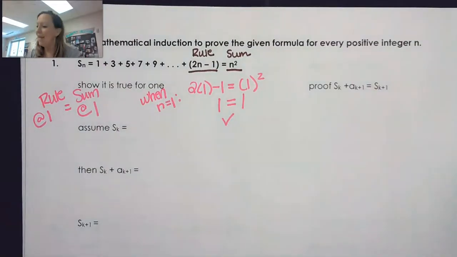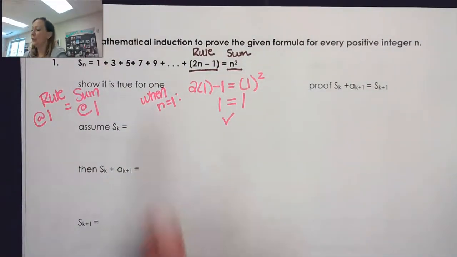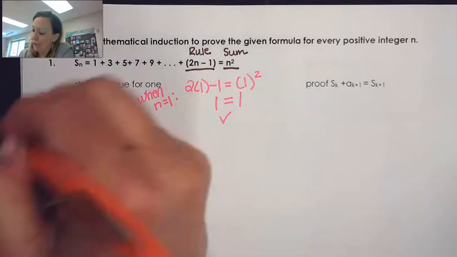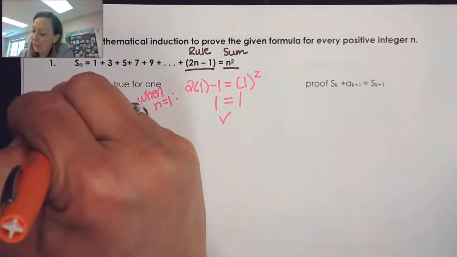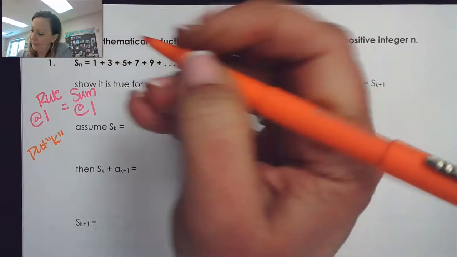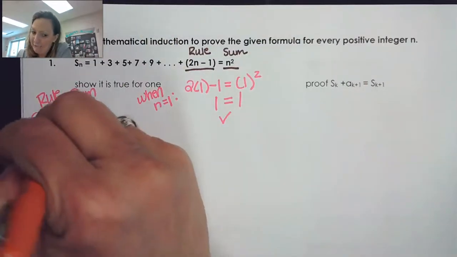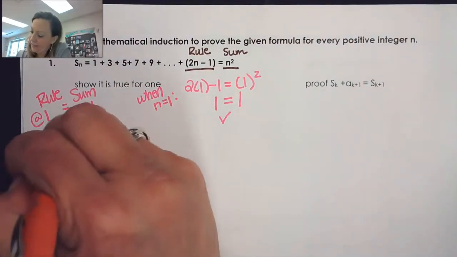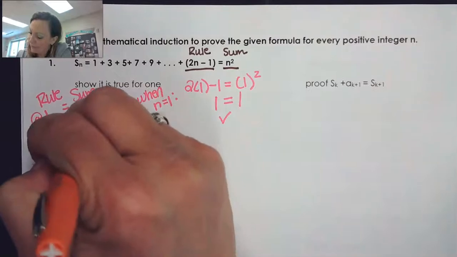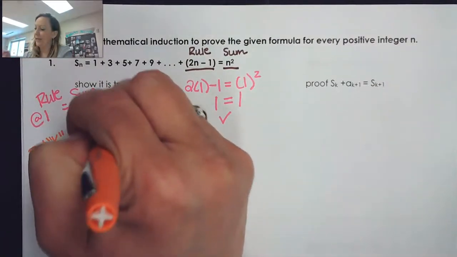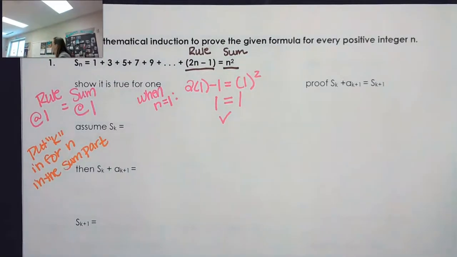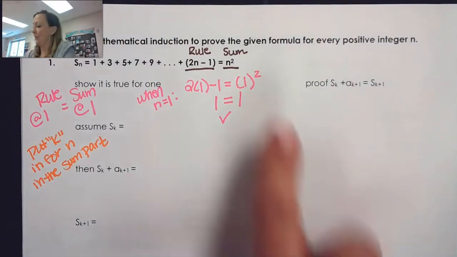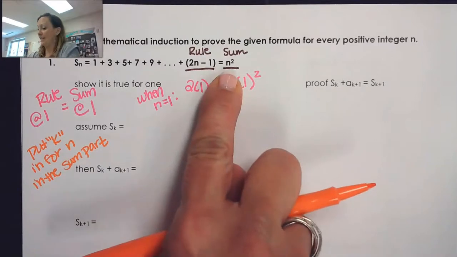Okay? Next, we're going to assume that S sub k is true. What we're going to do there is put k in for n in the sum part. The S tells us we're dealing with the sum, right? And so S sub k means we're just going to put k in for n in the sum part.